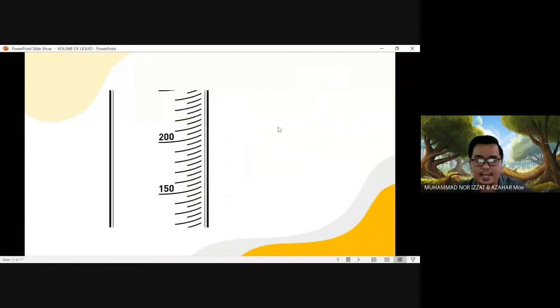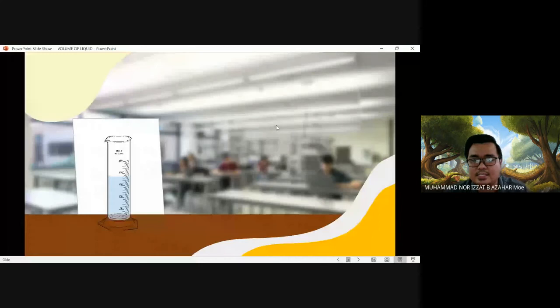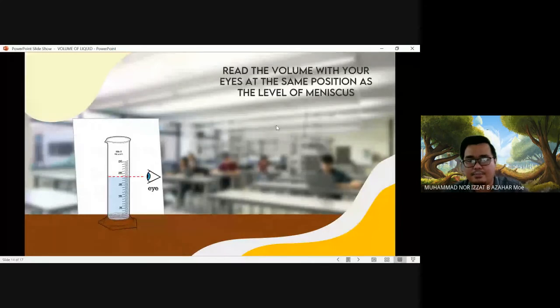That is the last step to measure the volume of the liquid: read the volume with the eye at the same position as the level of the meniscus.